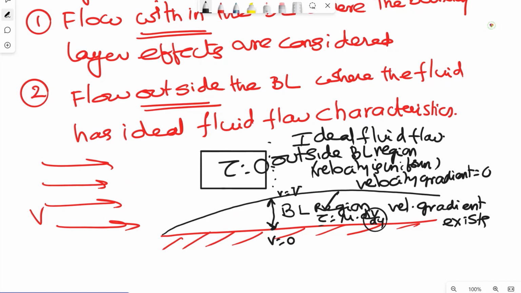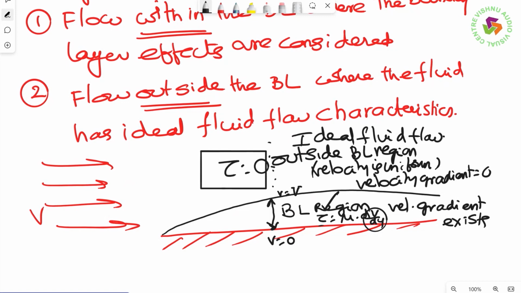Now what we found is that there is a region in the immediate neighborhood of the boundary where there is a large change in velocity from 0 to free stream velocity, and that occurs over a very short distance. Because of that, the velocity gradient is very high. Because the velocity gradient is very high, the shear stress, which is equal to mu into dv by dy, is very high.